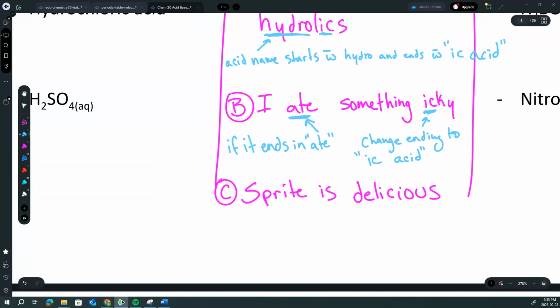So essentially, if you see a polyatomic ion whose name ends in ite, then you're going to change the ending of the name to ous and then add acid.